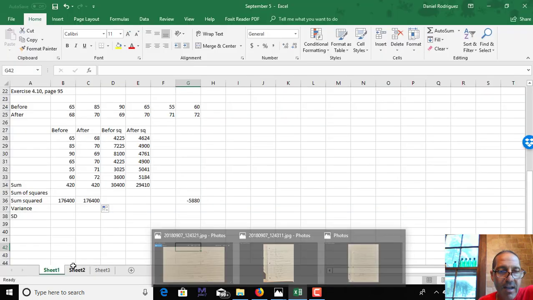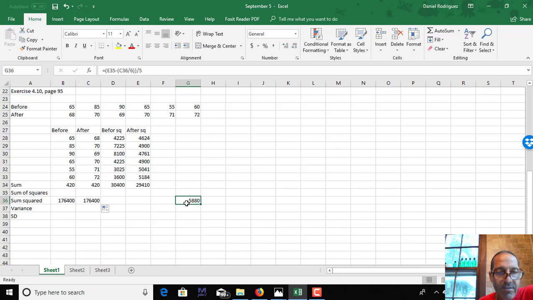Alright, let's see if I tried to set this up earlier, but it doesn't look right here. Okay, so we got E35. Oh, okay, I did it this way before. I need the sum of squares. Did I do the sum of squares? Let's see. Oh, I did it right here. Okay, so, sum of squares.